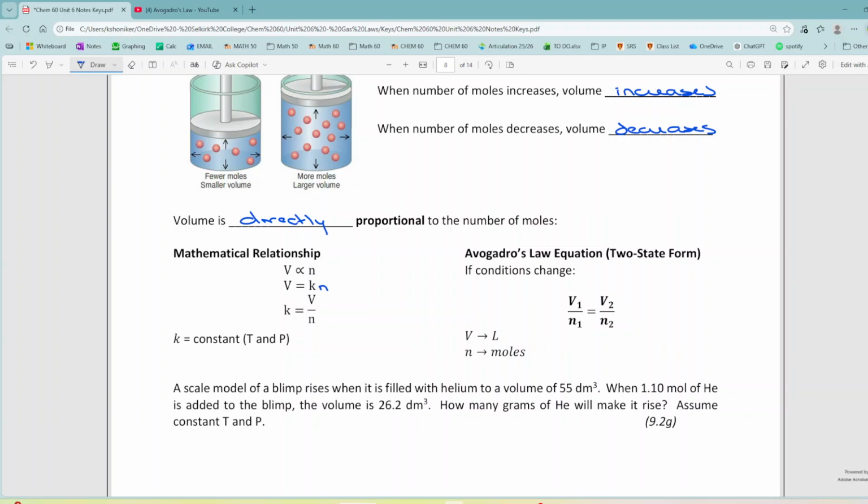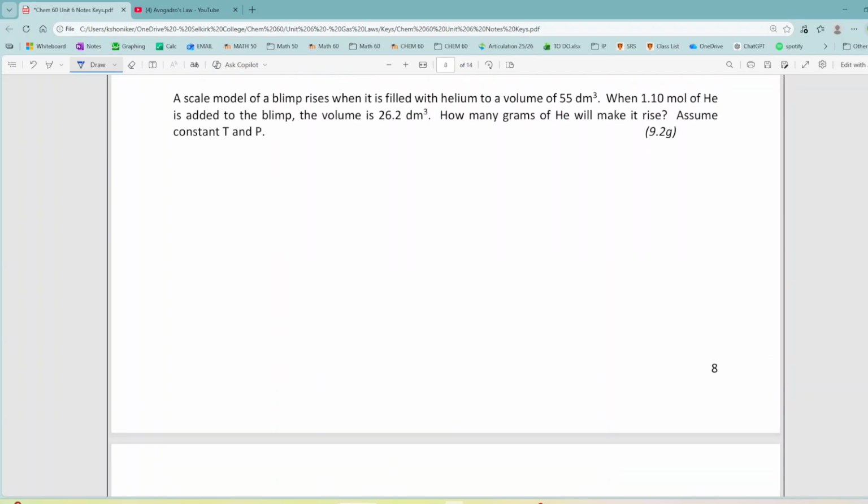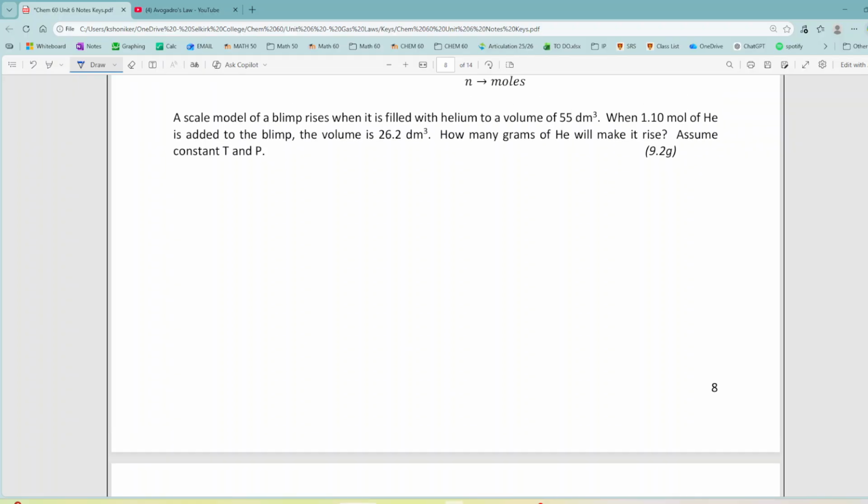All right, let's try a question. So this says a scale model of a blimp rises when it is filled with helium to a volume of 55 decimeters cubed. When 1.10 moles of helium is added to the blimp, the volume is 26.2 decimeters cubed.